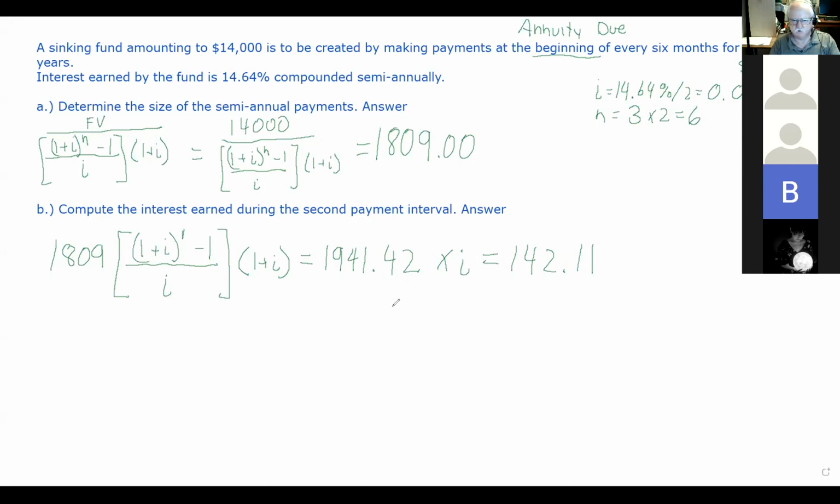And what are they giving us? 1941.42 plus 142.11. No. And so what answer did Moodle want here?